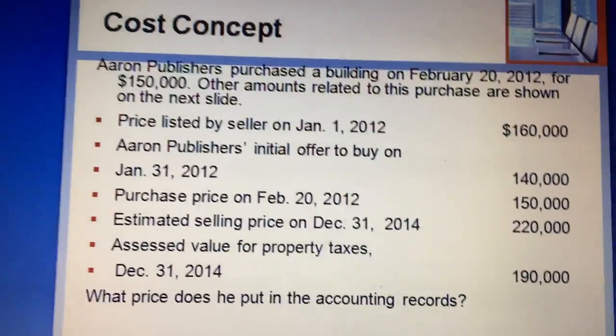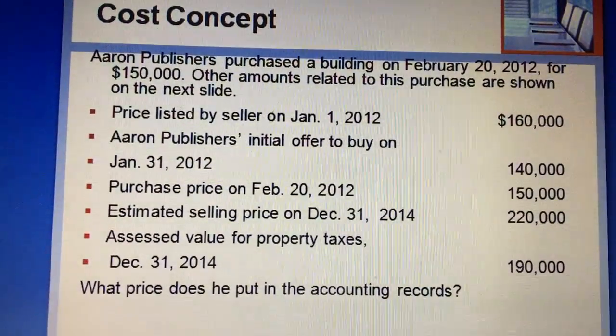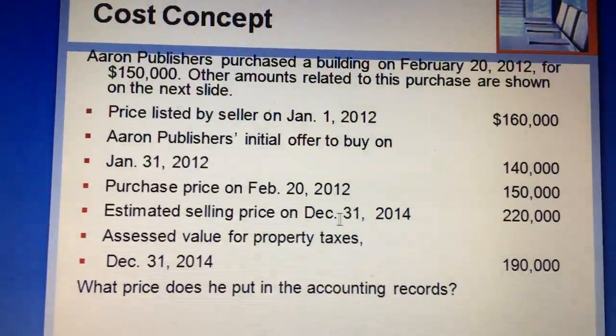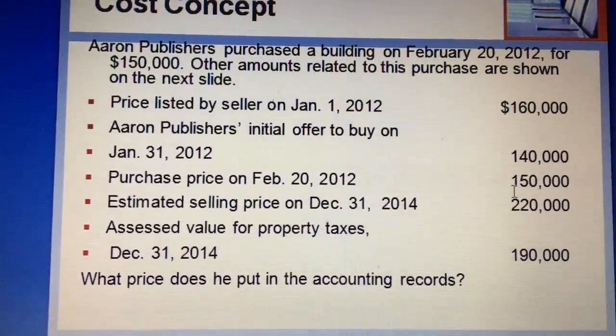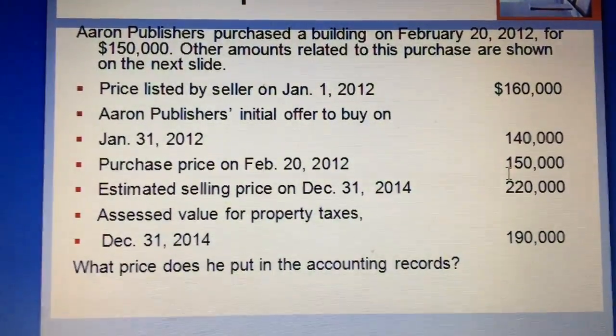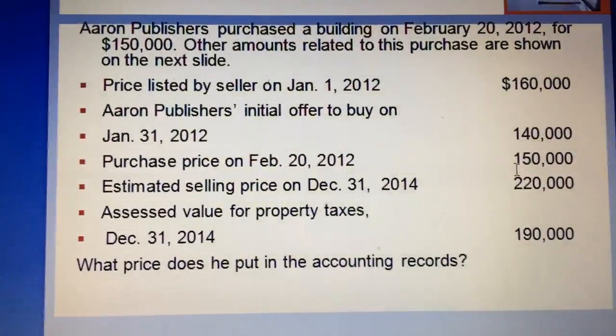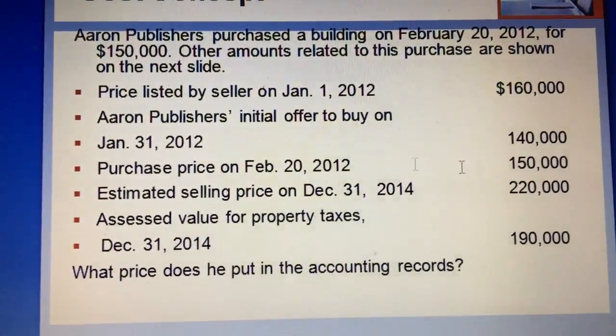The only one that's relevant here is the price that you paid for the building, which would be the $150,000. So that's the only one that's relevant in this particular case.